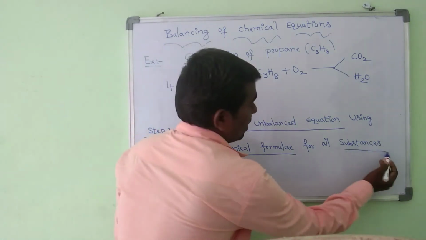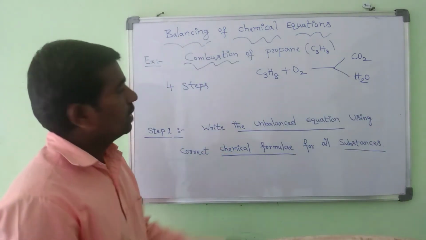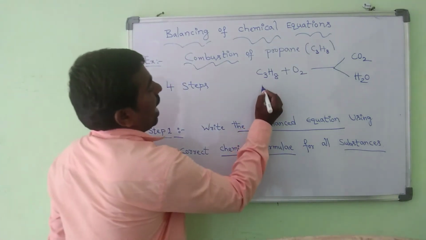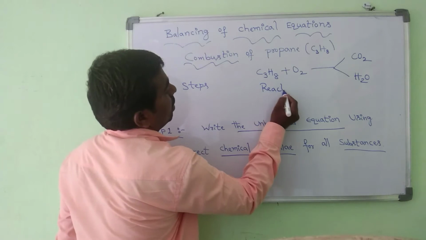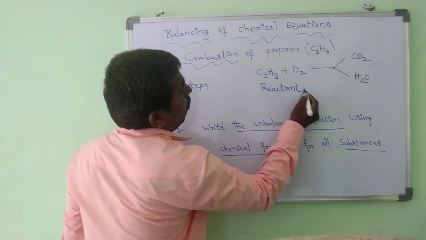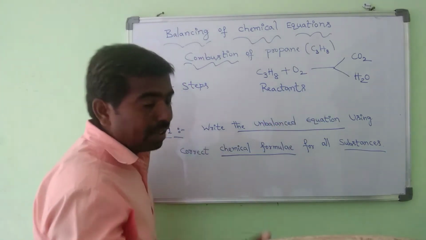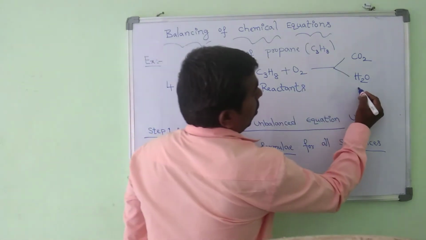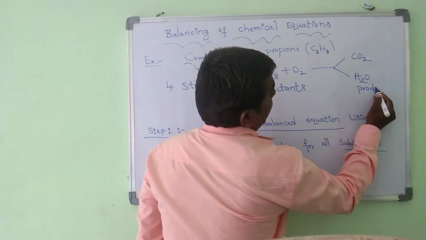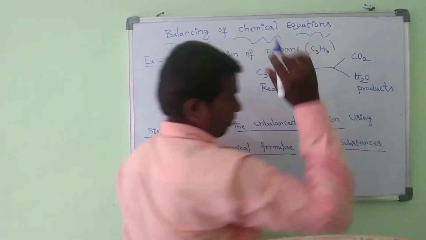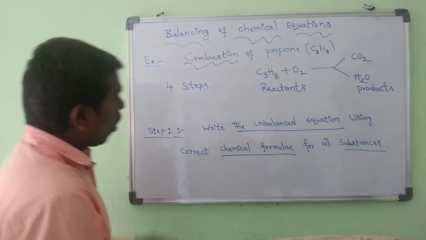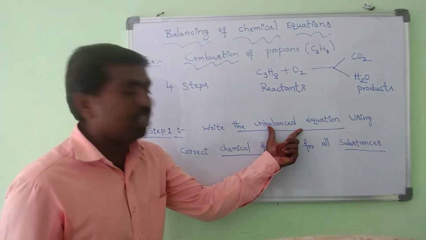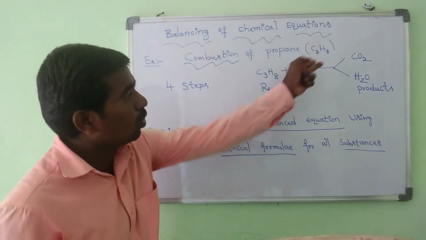For all the substances means reactants and products. Reactants are those which are involved, which participate in a reaction. Products are those which are formed in a chemical reaction. Now according to step 1, I am writing the unbalanced equation.